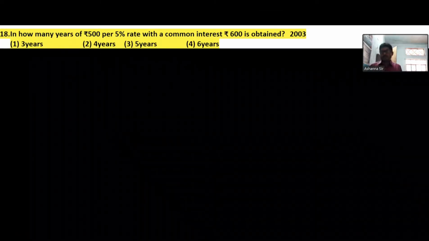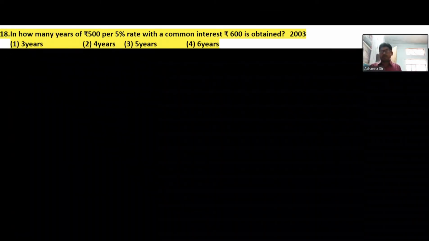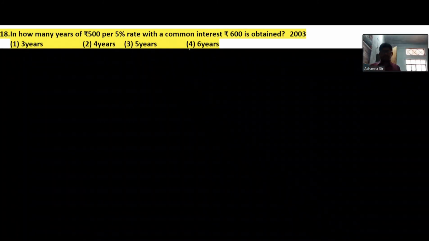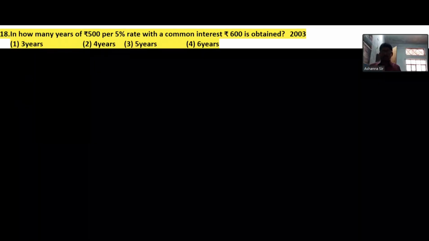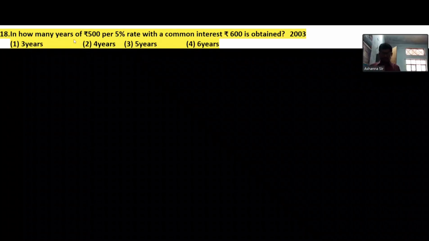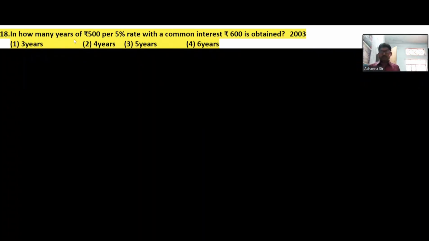Question number 18. In how many years will 500 rupees at 5% rate with compound interest give 600? In how many years means we have to find time. To find time, T is equal to 100I by PR.